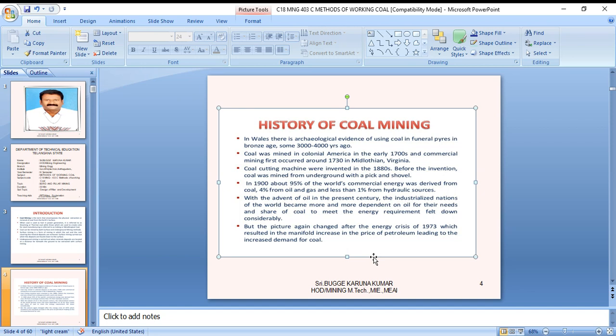But the picture changed again after the energy crisis of 1973, which resulted in an unprecedented increase in the price of petroleum, leading to increased demand for coal. With this, we can understand the need for coal and its extraction, depending upon market pressure and the emergency of society.